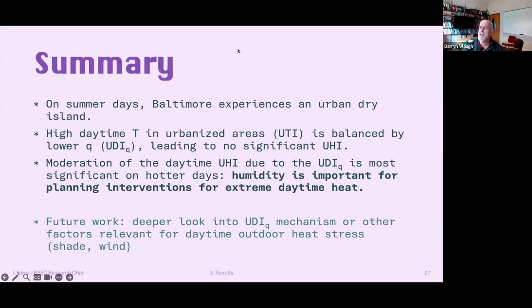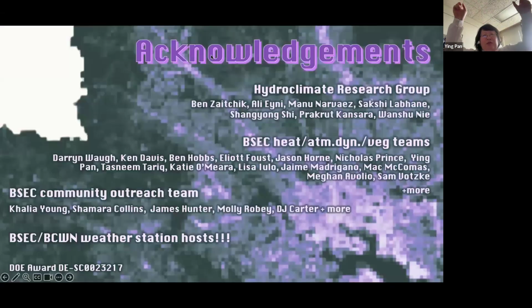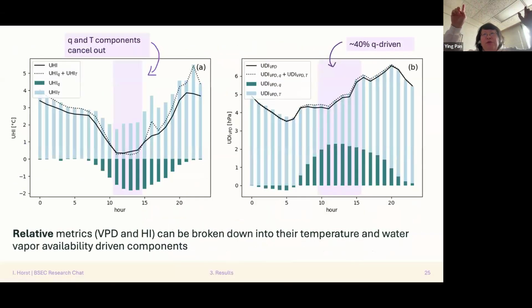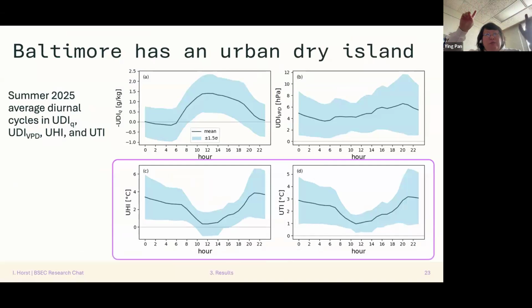Ying? Hi, thank you for sharing the interesting results. I seem to recall that in your heat index plot, there is a 12 in the middle of the day, and then it's actually higher at nighttime or so. Yeah, this one, the left one.